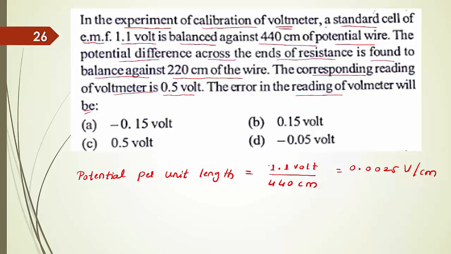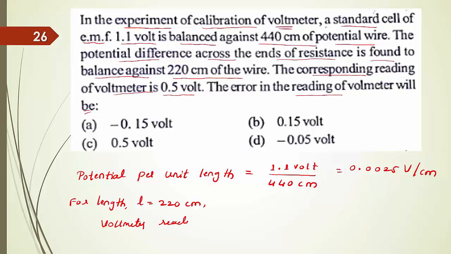This is the potential per unit length. But here for the length, let us take L is 220 centimeter. Then the voltmeter reading is for 220 centimeter. So what is the reading on the voltmeter?